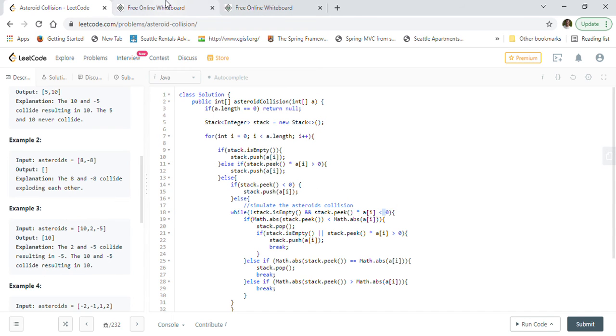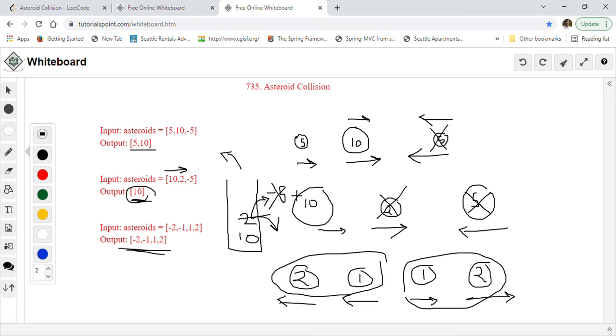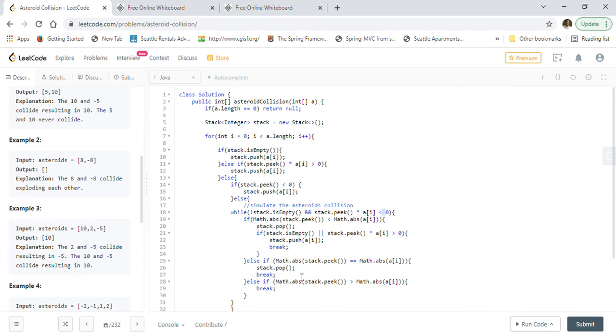For example, let's take this one, 5 and 10. So let's say we have 5 here, first example, 10 here, and then -5 will come, right? So -5 into 10 is a negative amount, -50.